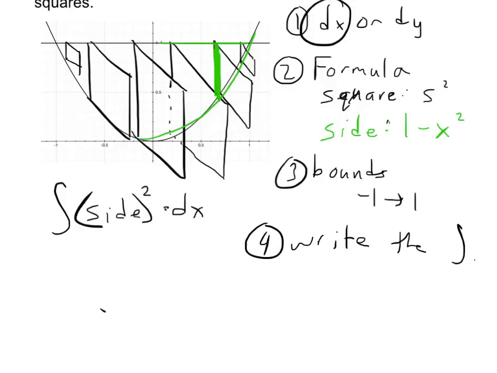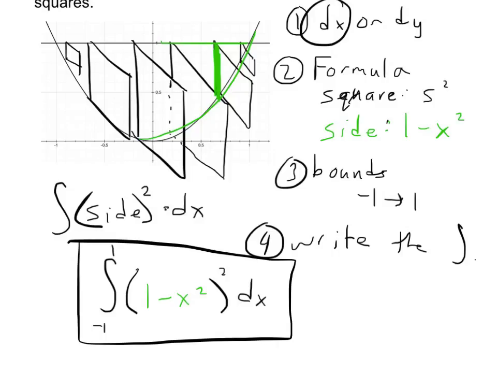So I'm going to have this integral from -1 to 1. We set up here that it was supposed to be side squared, so my side measurement was 1 minus x squared dx. Note, I don't need a pi out front because the area of the square had nothing to do with pi. So that's just it.